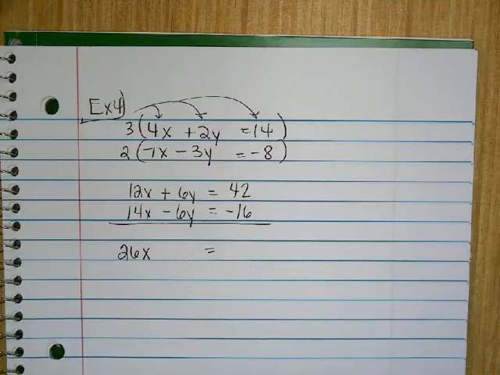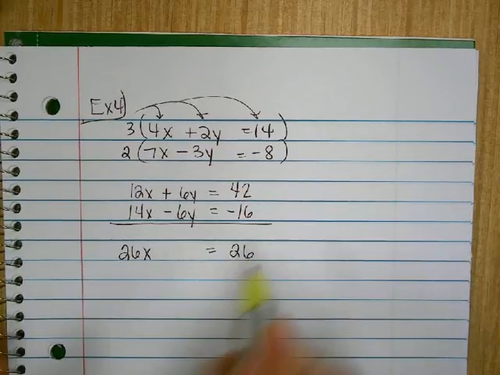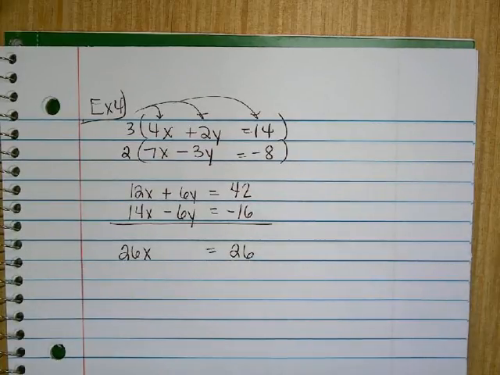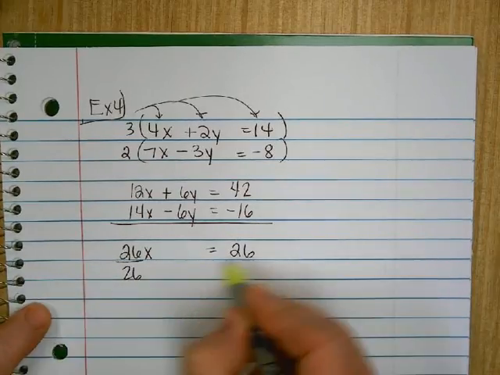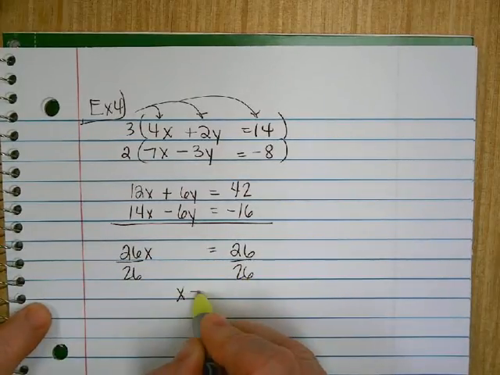What about the other side of the equal sign? 26? Okay. So what do we do now? Okay, divide both sides by 26. So x turns out to be 1.